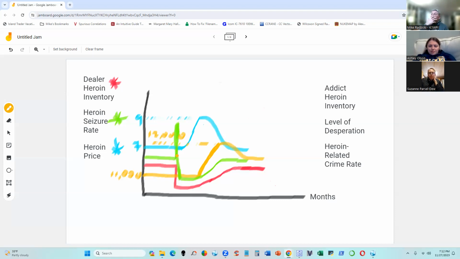So, turning back to the problem at hand here, we're going to declare that better means making the orange curve lower. The policy recommendation that generates the lowest total heroin-related crimes we'll declare the best. But we acknowledge we could probably have a more sophisticated definition of what that means.